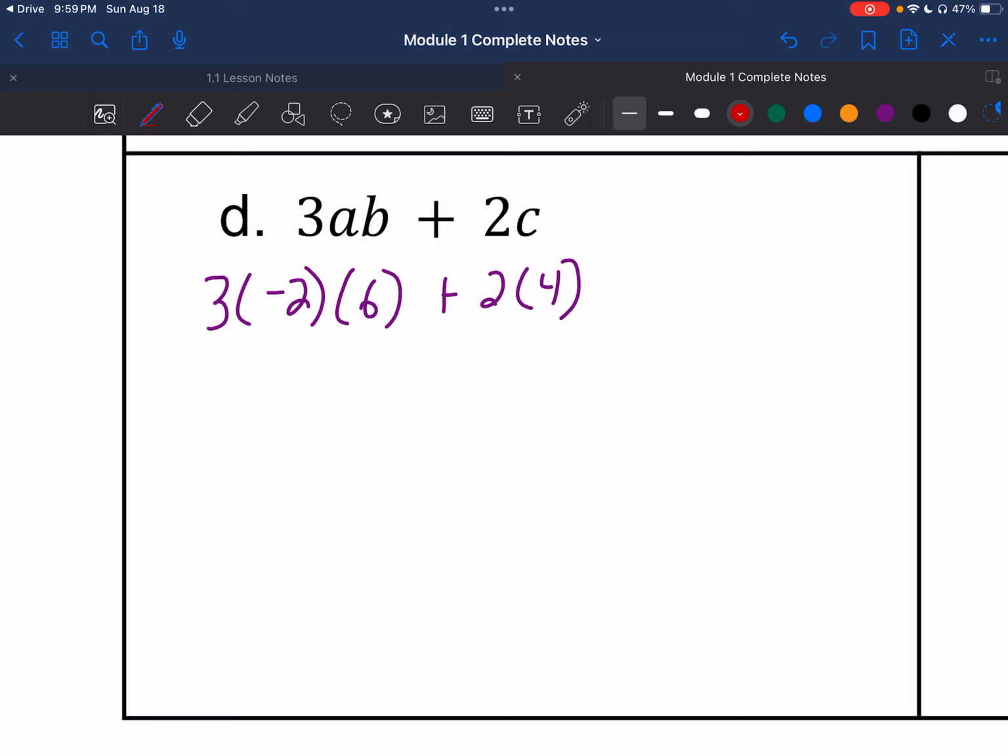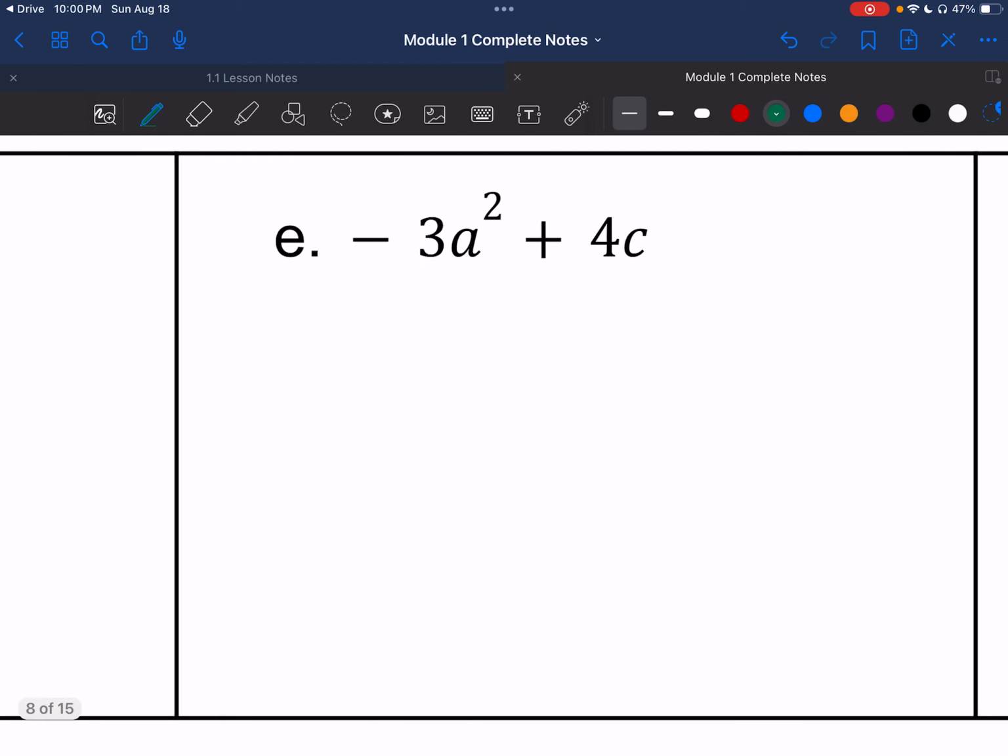Okay, so now let's work through. 3 times -2 is -6, times 6 is -36, because we remember a negative times a positive is negative. 2 times 4 is 8. -36 plus 8 is going to give us -28. Okay? So, that's a little bit different than +44, all by changing that one A term.